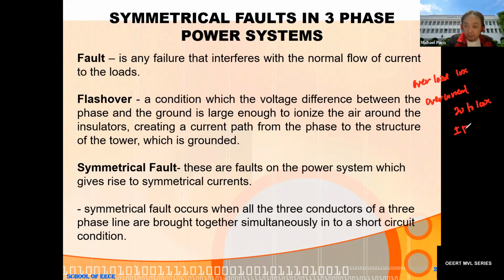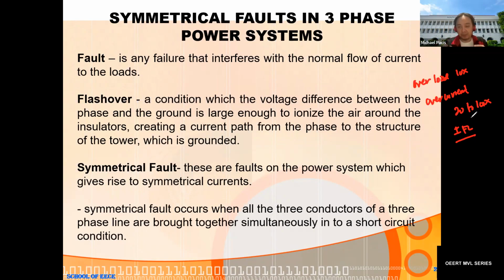So an overload is just a little bit of percentage compared to an overcurrent. And very clear, if there's a fault, it is very, very big in terms of value.